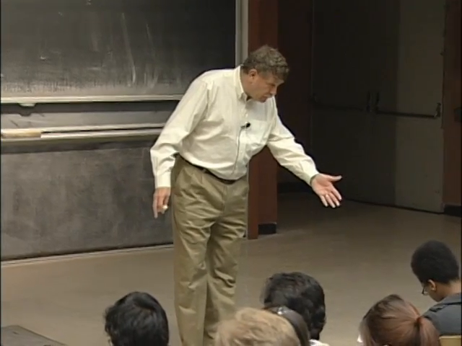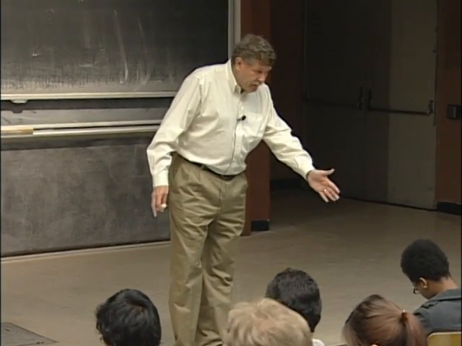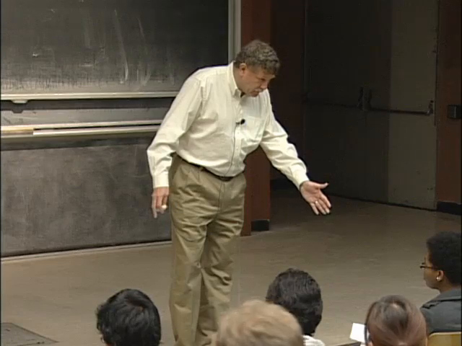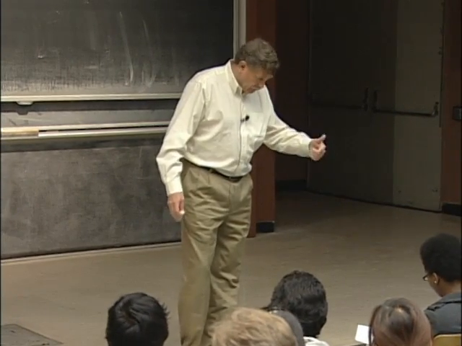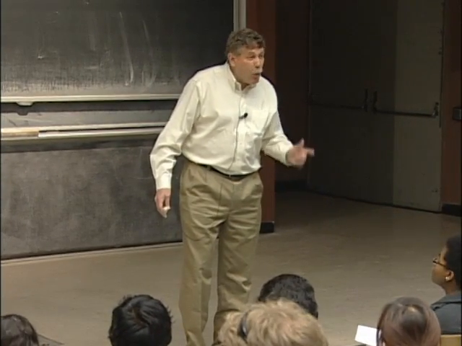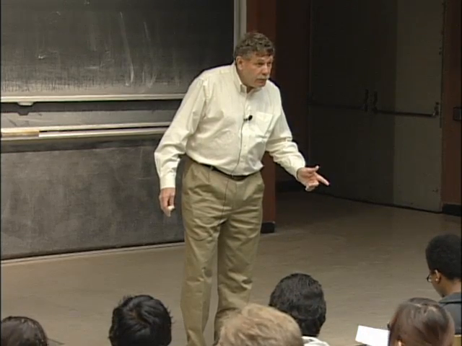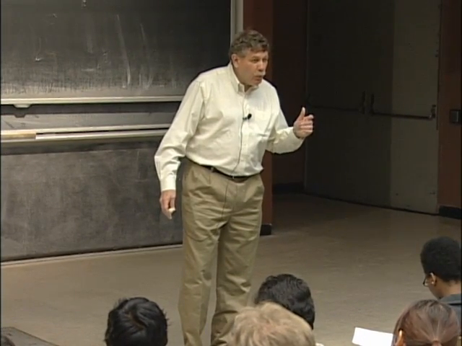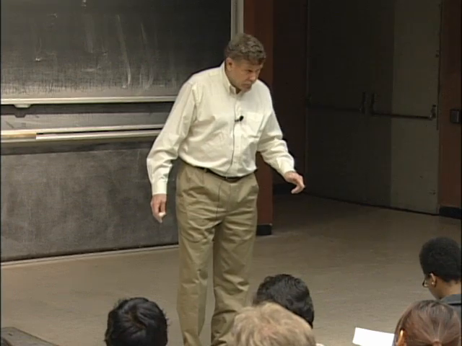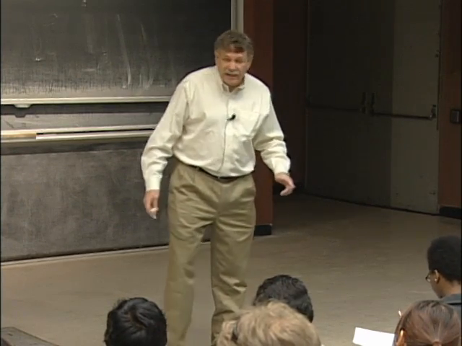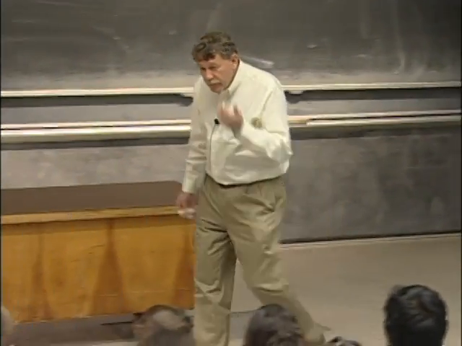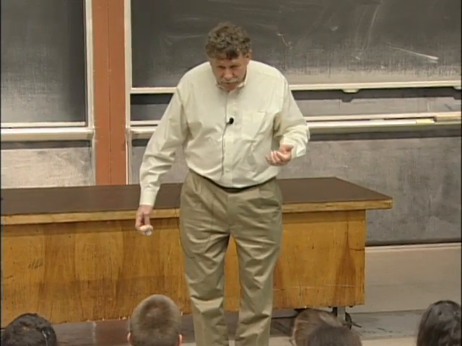Step 4. Step 10, 2 to the 10th, because we're doubling each time. Step 20, 2 to the 20th, which is about 1 million. Step 30, 2 to the 30th is about 1 billion.